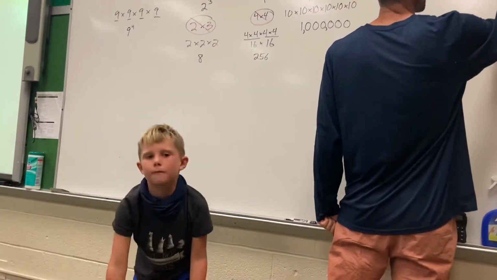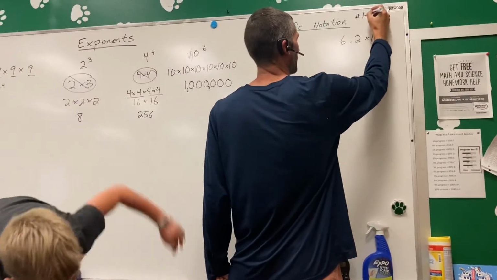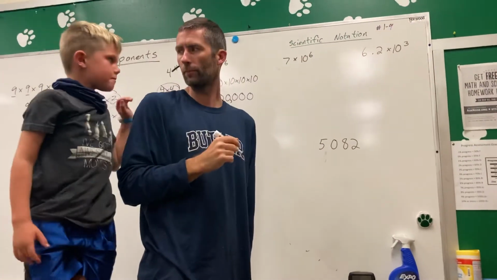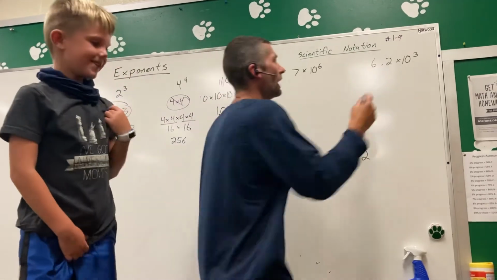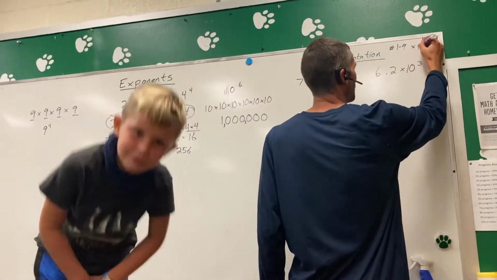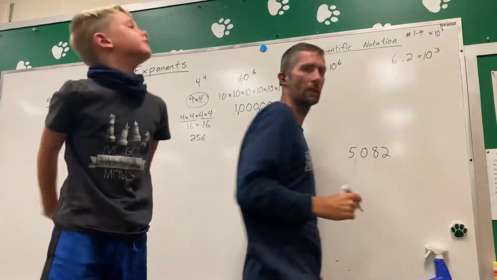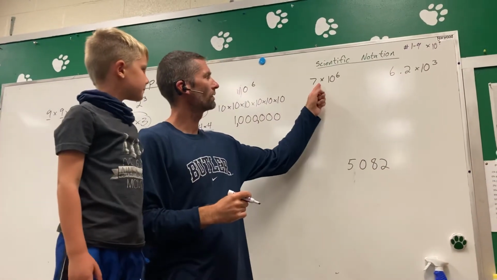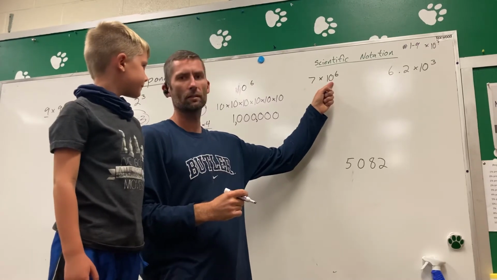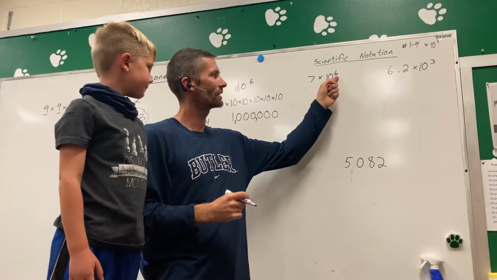So first you're going to have a number that's between 1 and 9, or 9.99999, less than 10. And then we're going to do times 10 to some power, depending on what it needs to be. So this one is 7 times 10 to the power of 6.